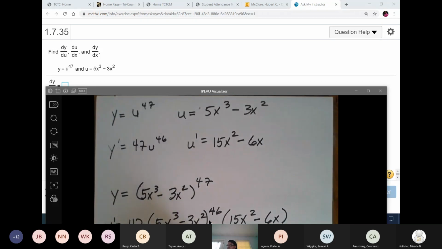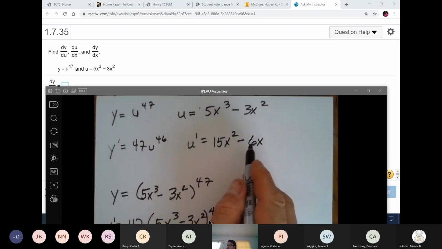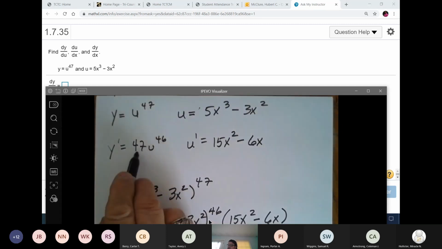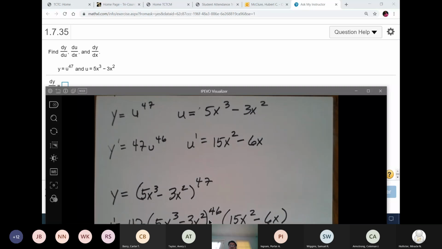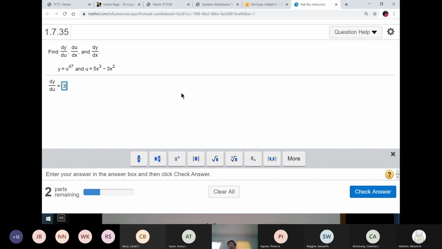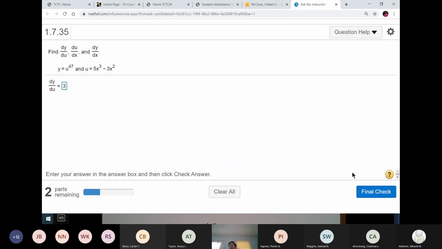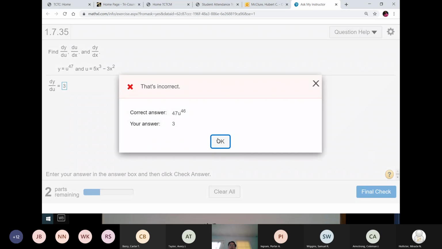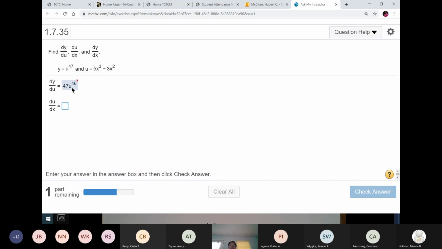Now, that's one way to do it, or you could take the 15x squared minus 6x and plug it into this, but then you would have to do the chain rule again. So I don't know exactly what they're wanting us to do on this one. I would go with the substitution. So let's look and see. Okay, they're doing it separately, like I did right here.